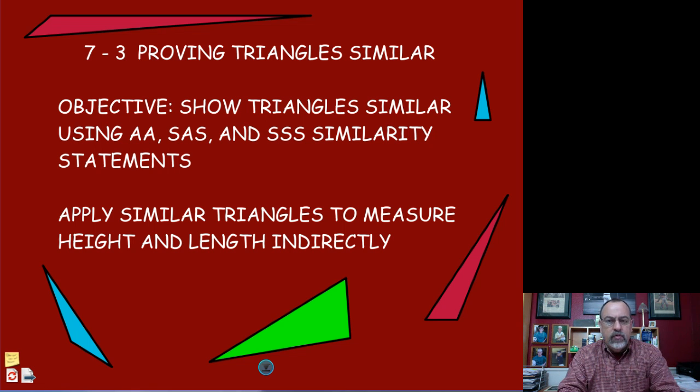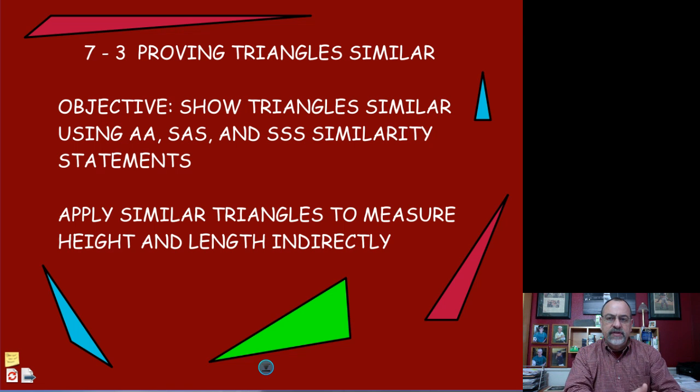So we want to remember what we've worked with in the previous lesson. And that is when we have a ratio, a similarity ratio, a ratio of one figure to the other, we begin with that similarity ratio, and then we can write other ratios that have a value that's missing, and then we can determine the missing value by using the property that the product of the extremes equals the product of the means.